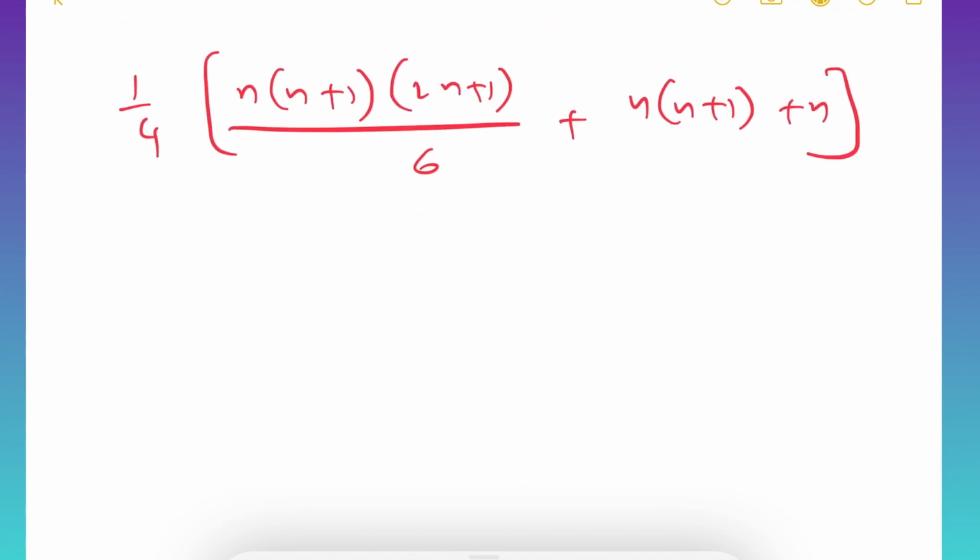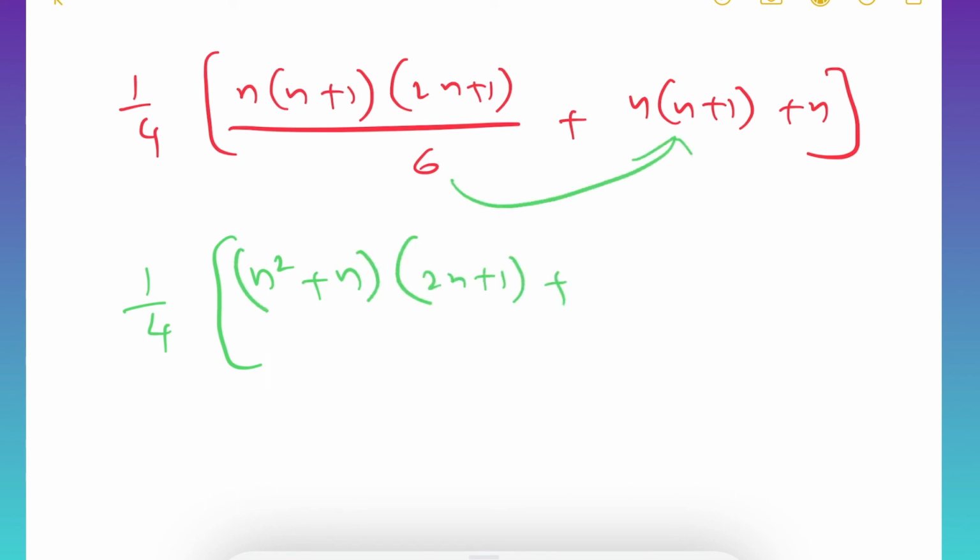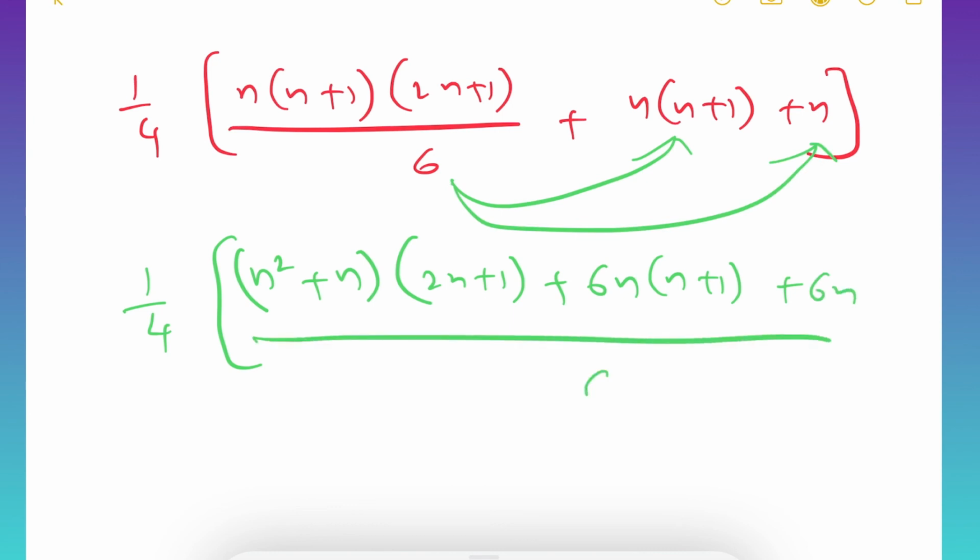I'll open the brackets completely. 1 by 4 into [n into (n square plus n) into (2n plus 1) plus 6 into this total, 6 into (n plus 1) plus 6 into n, 6n] whole divided by 6.